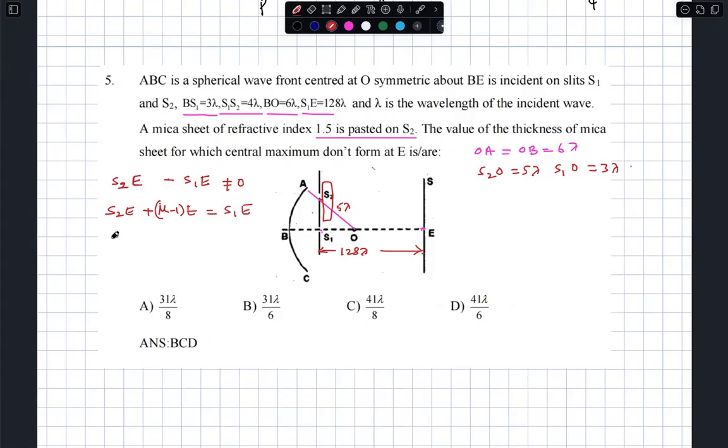So therefore, S2E is, this is 3 lambda. This is also 3 lambda. This is 4 lambda given.